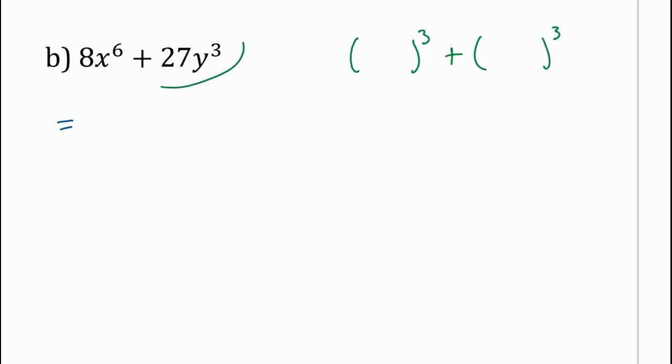So the second one's a bit easier. 27y cubed is 3 cubed gives you the 27, and y cubed obviously gives you y cubed. For the first term, it's 2 cubed gives you 8. What cubed gives you x to the 6?